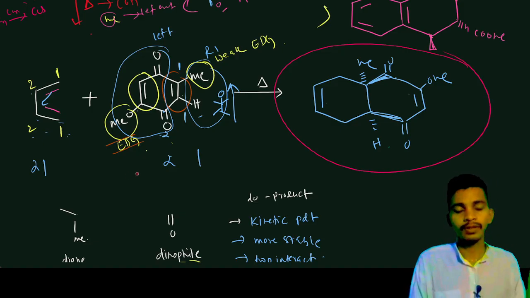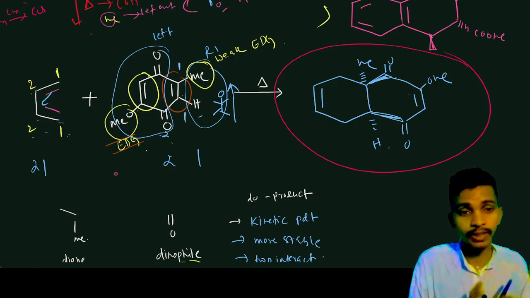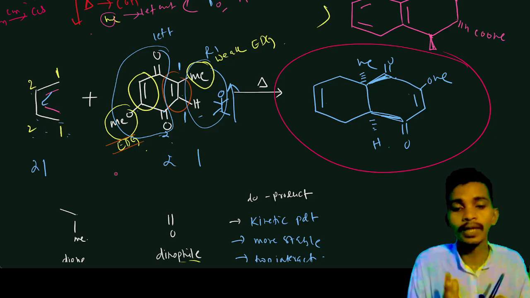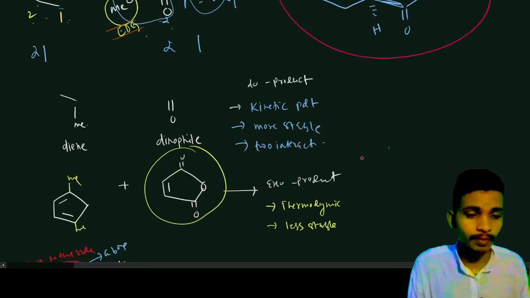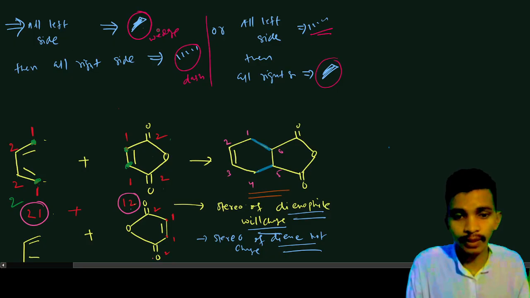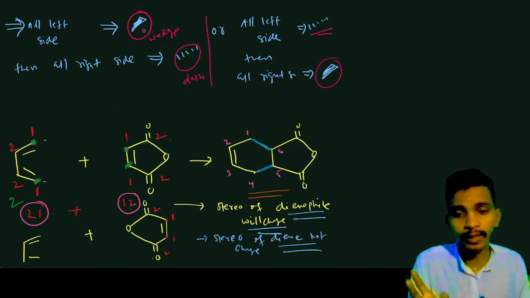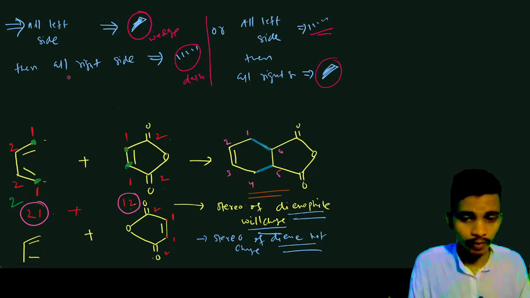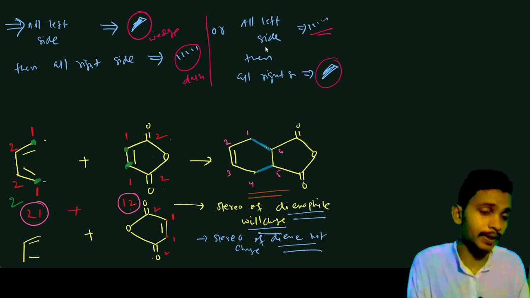Likewise, we can take the stereo and solve questions related to Diels Alder reactions. Only one thing you have to remember: if you take the left side as wedge, then take all the left side as wedge and all the right side as dash, or vice versa.